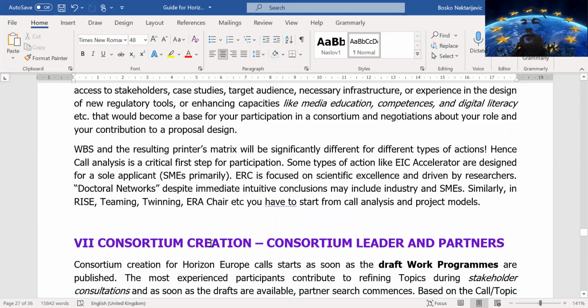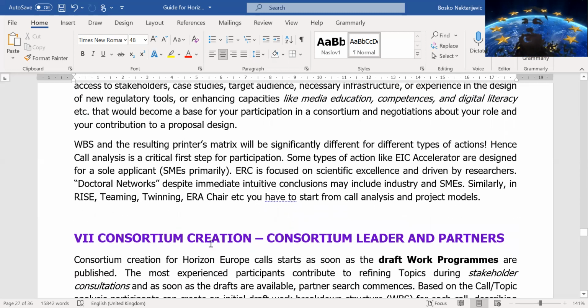So in a nutshell, through this brief introductory session, I've elaborated the basics on how to create the most effective partner's profile. And then this gives you a very solid base, if you have done that properly, to be invited to join consortiums and take part.